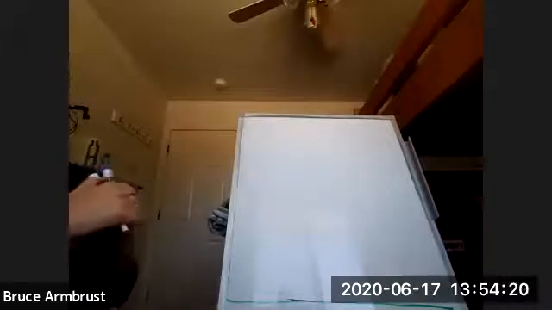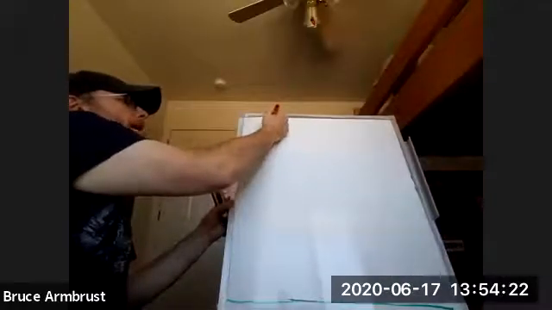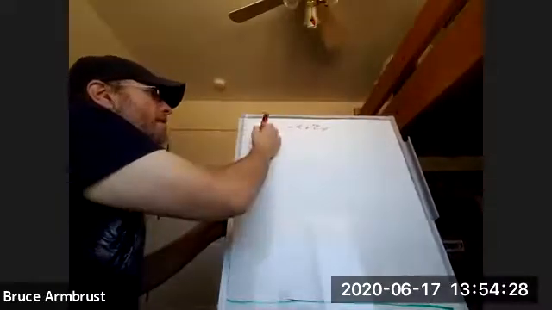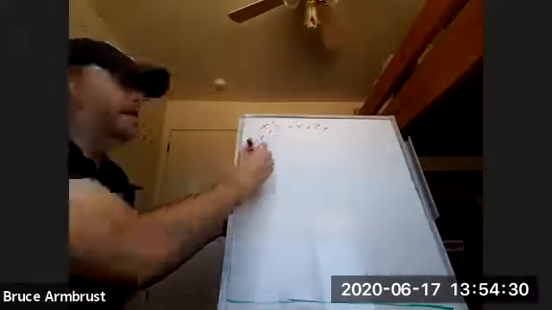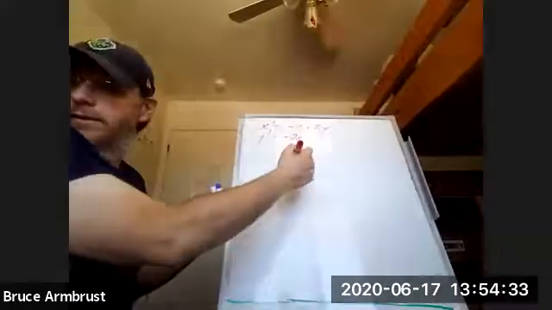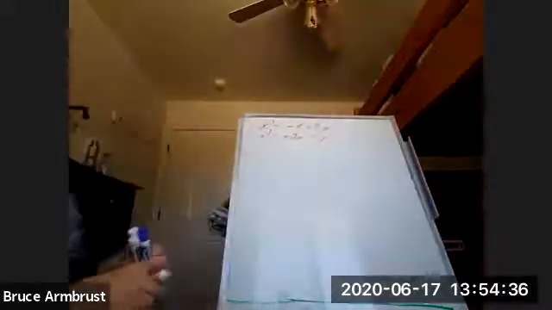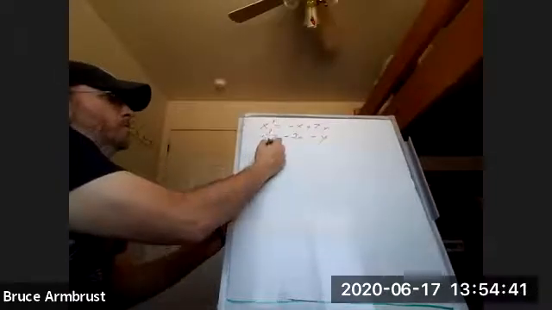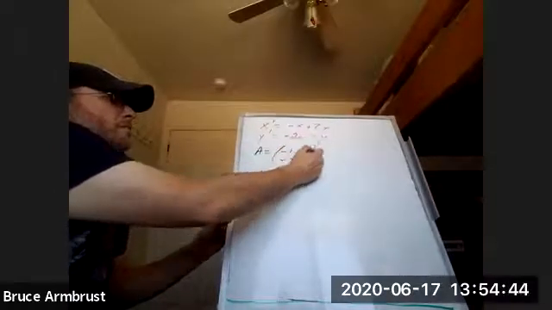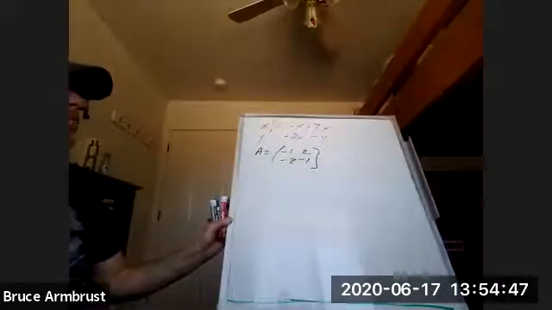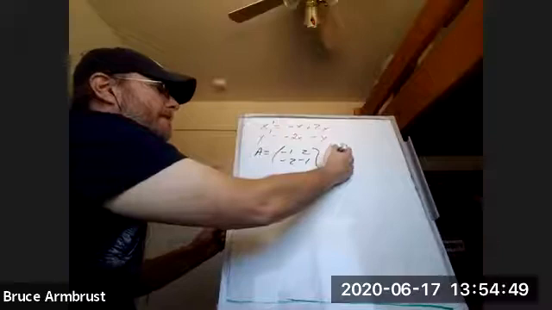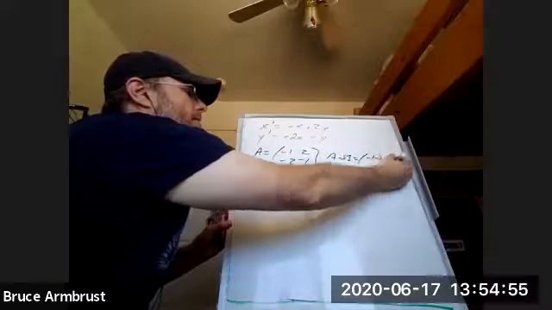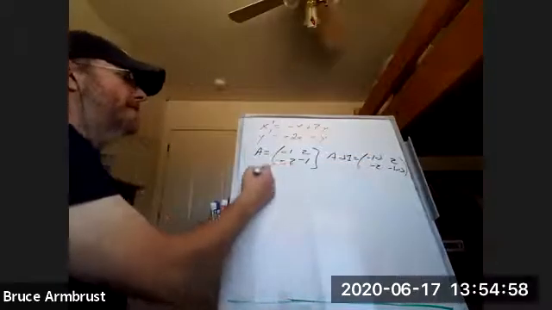Let's say that we've got x prime equals -x plus 2y, and y prime equals -2x minus y. So we make our matrix. We make our A minus lambda I. We go and we find its determinant.